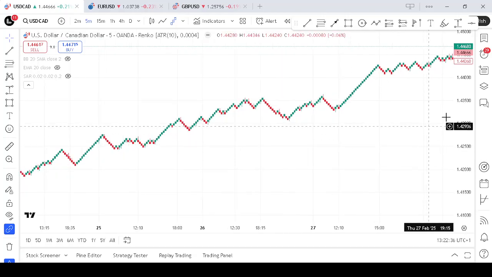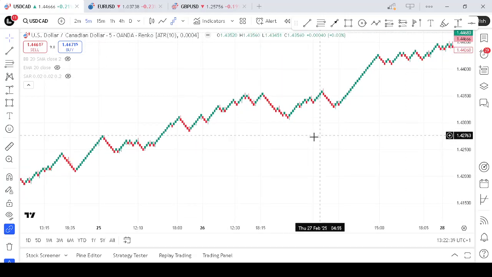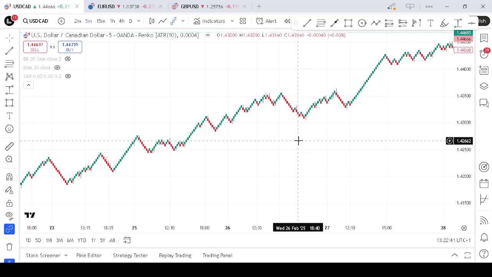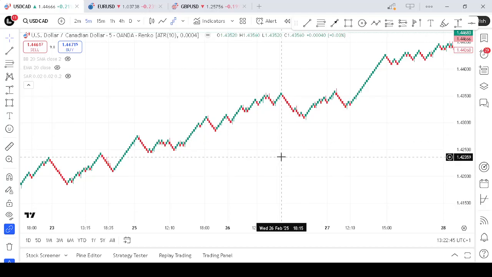This means that if the market is quiet and price isn't moving much, no new brick will appear. Each brick on the Renko chart represents a fixed price movement. Let's say 10 pips in the forex market. A new brick would only form when price moves either up or down by that amount.